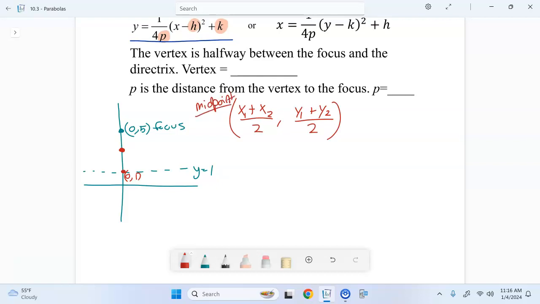So if I need to find the middle, we can use the midpoint, given the focus and a point on the directrix that is in line with the other two points. I put in my x values and my y values, and when we simplify, we get the ordered pair that is our midpoint, our vertex. Our vertex is that midpoint. And so we find our vertex as 0,3.